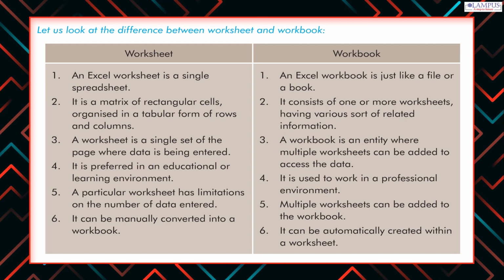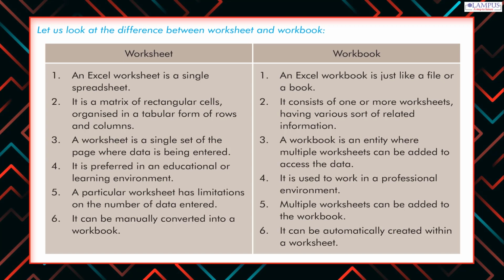Let us look at the difference between worksheet and workbook. Worksheet. Workbook. 1. An Excel worksheet is a single spreadsheet. 1. An Excel workbook is just like a file or a book. 2. It is a matrix of rectangular cells, organized in a tabular form of rows and columns. 2.